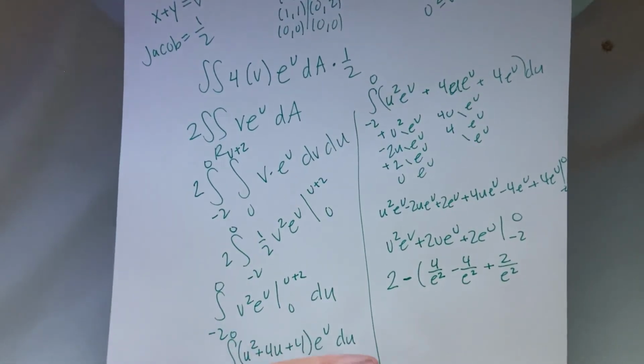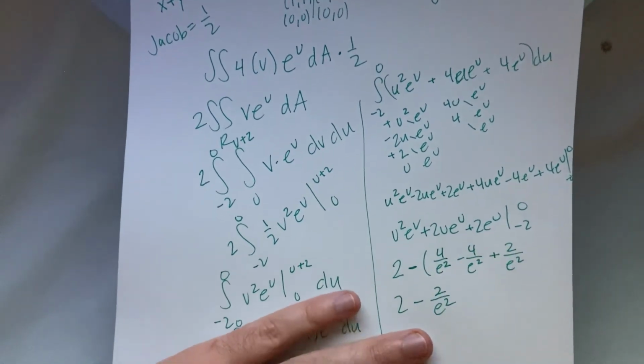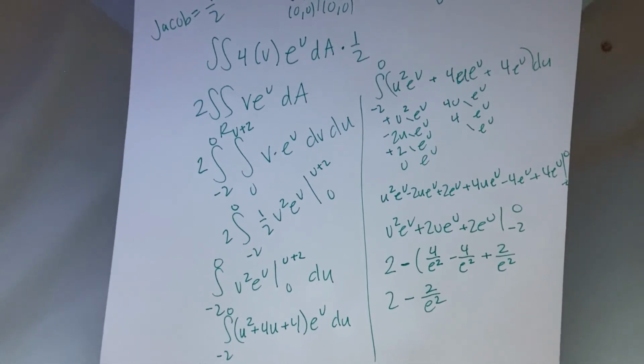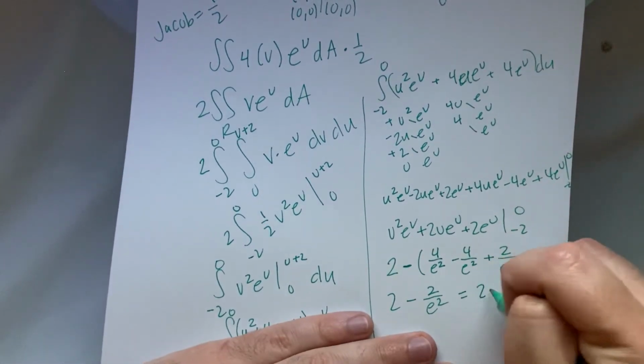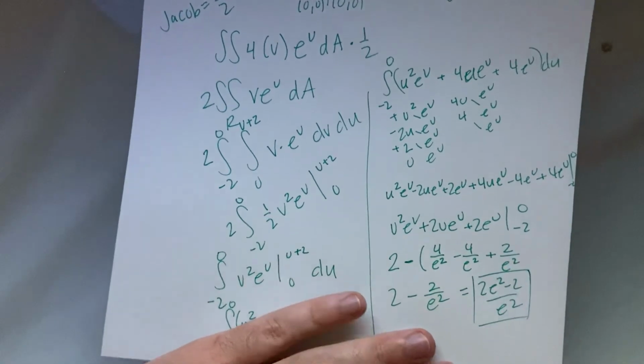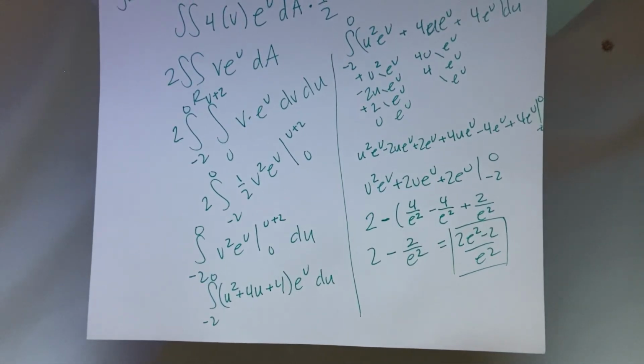Those two are going to cancel, so this should just be 2 minus 2 over e squared. If you want a common denominator, it would be (2e squared minus 2) over e squared. That's the value of that integral, and that is all for 14.8.